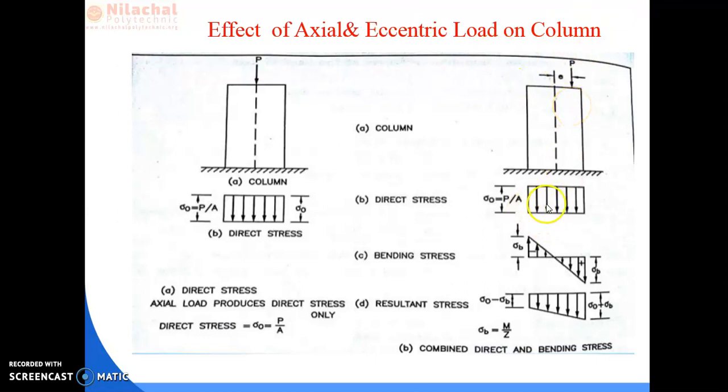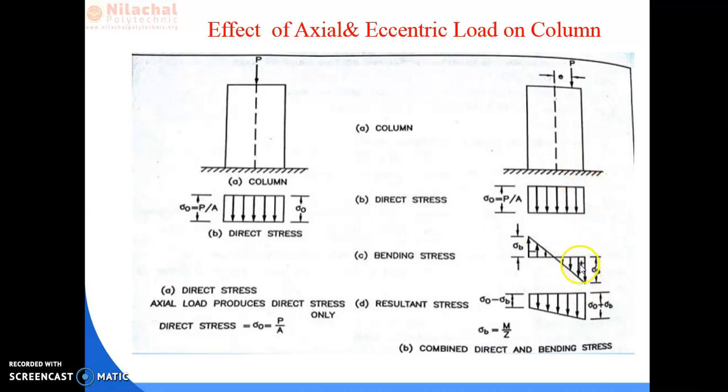Now we have direct stress distribution, where all the lines are parallel, but due to the eccentric load there is a tensile stress produced along the right part, and along the left part there is a compressive stress produced. If we take the combined effect of both the direct and bending stress, there will be a negative effect and a positive effect.